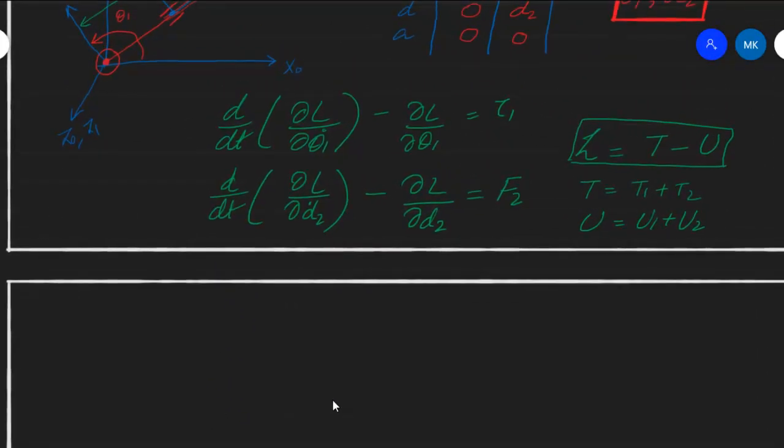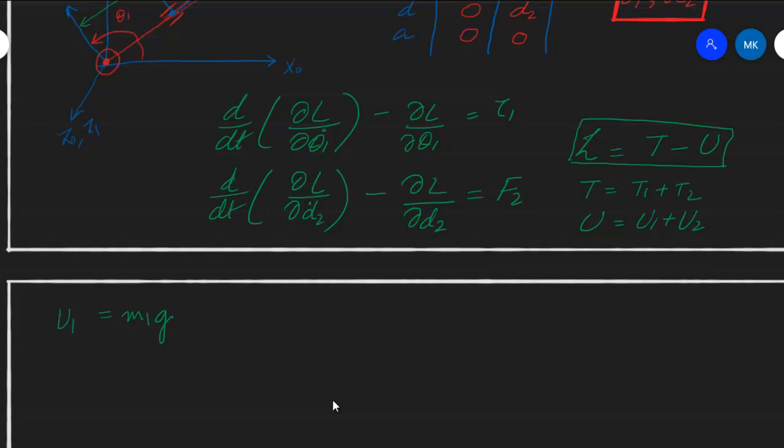So the potential energy associated with link 1, which is U1, will be given by m1g into h. So h here will be from the center of mass, this height, so it could be a by 2 into sine of this theta. This theta is actually theta 1 minus 90 degrees.